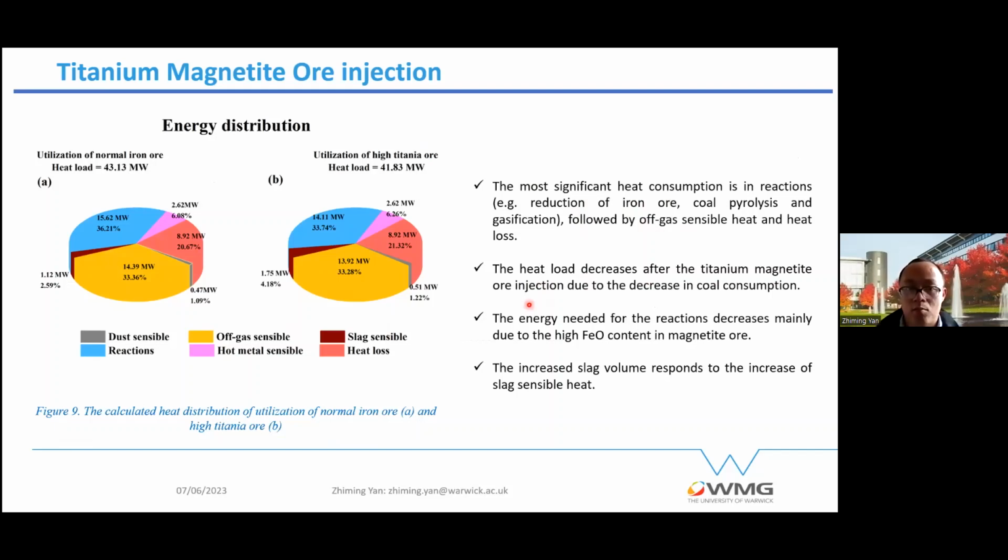Meanwhile, the energy needed for reaction decreased because we have a high FeO content in the magnetite ore. The slag sensible heat is increased because the slag volume has been increased.